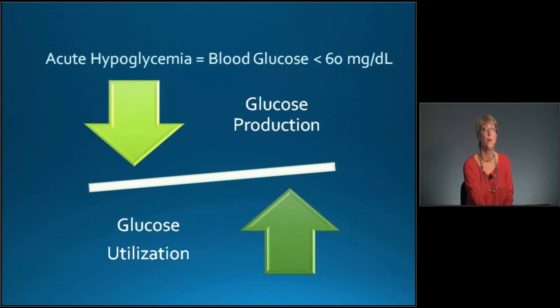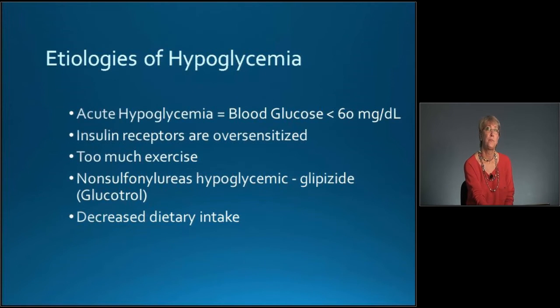So acute hypoglycemia means the blood glucose is less than 60 milligrams per deciliter. We have a decrease in glucose production and sometimes an increase in glucose utilization. Some of the other etiologies for hypoglycemia: insulin receptors are oversensitized.